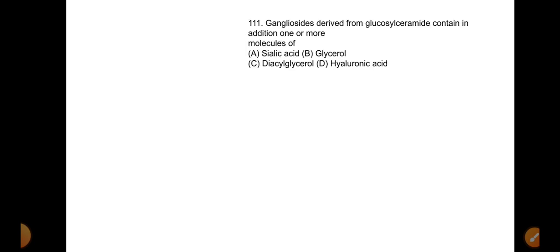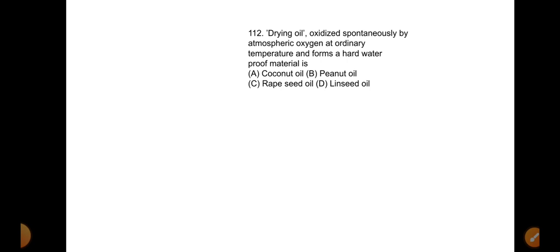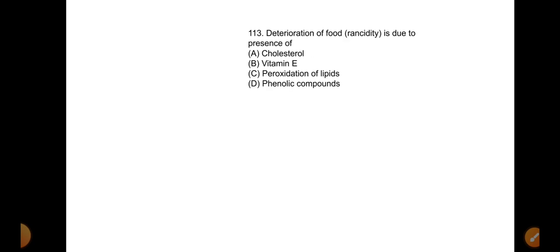An oil which contains cyclic fatty acid and was once used in the treatment of leprosy is... 110. Unpleasant odors and taste in a fat, rancidity, can be delayed or prevented by the addition of... 111. Gangliosides derived from glycosyl ceramide contain in addition one or more molecules of... 112. Drying oil oxidizes spontaneously by atmospheric oxygen at ordinary temperature and forms a hard waterproof material is... 113. Deterioration of food, rancidity, is due to presence of cholesterol, vitamin E, peroxidation of lipids, phenolic compound.